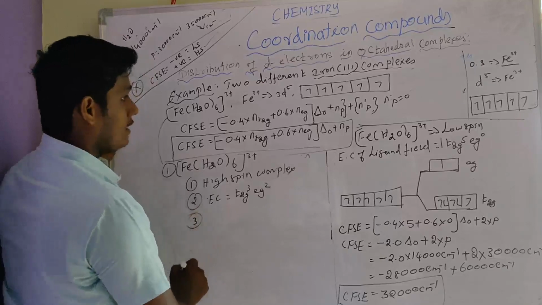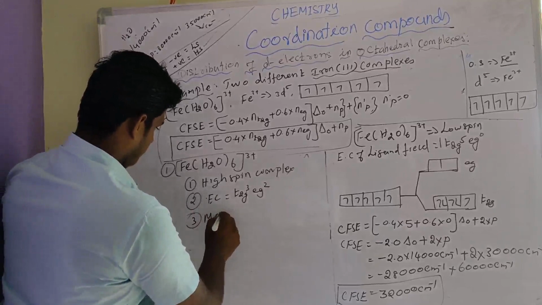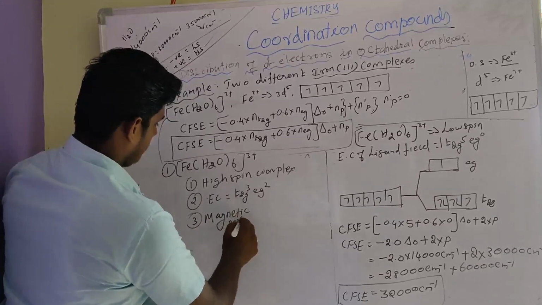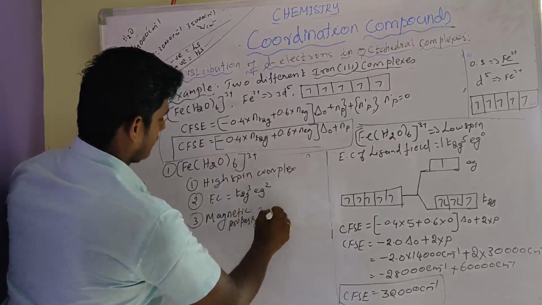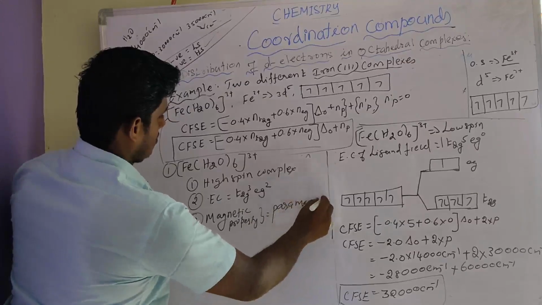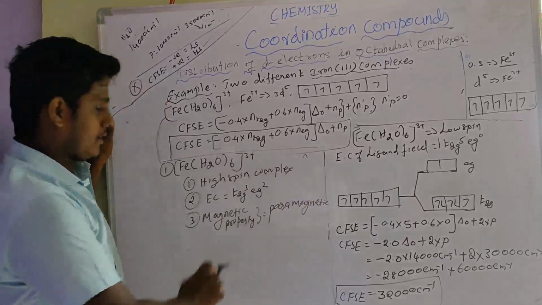Point number 3, it is a magnetic property, that means paramagnetic, because of the presence of unpaired electrons.